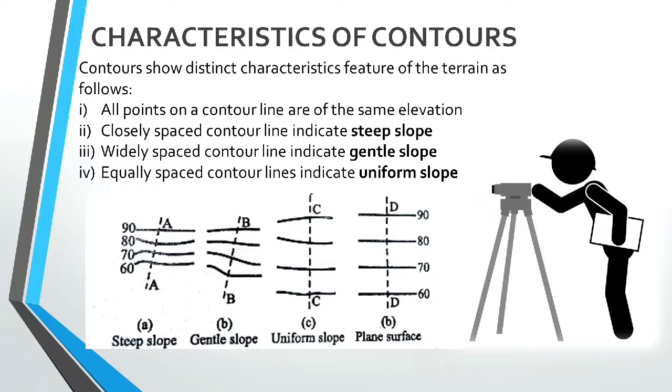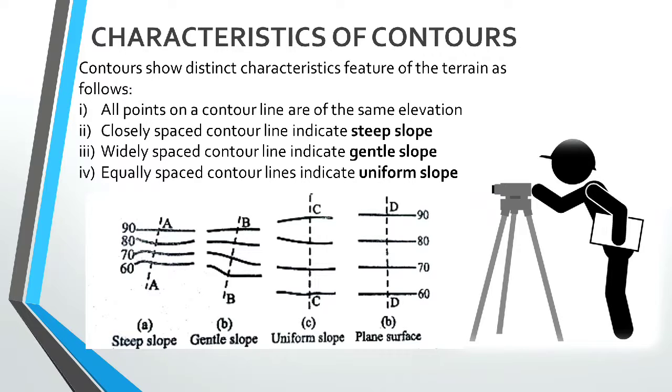Now these sketches show the steep slope, the gentle slope, the uniform slope, and the plane surface. As you can see, a steep slope is very closely spaced. With a contour interval of 10 meters, it indicates a steep slope.